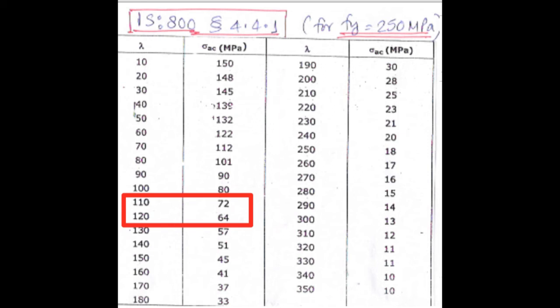What value have we got? 110.42, so it comes between 110 and 120. The sigma SC values are 72 and 64. Please note it down in your notebook, and then I will show you how to do the interpolation, and by interpolation we can find the value of sigma SC from lambda.